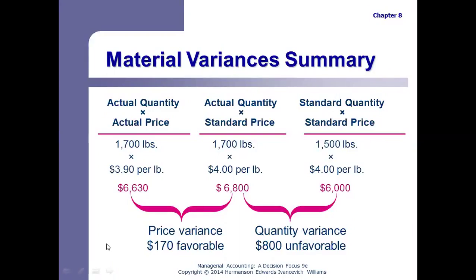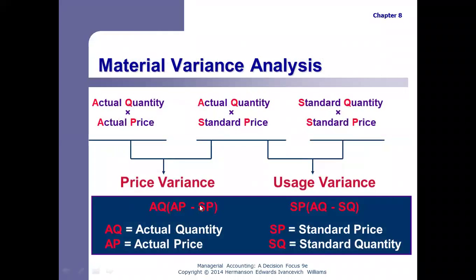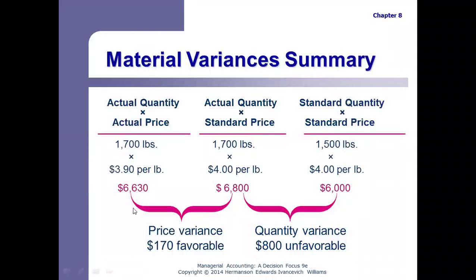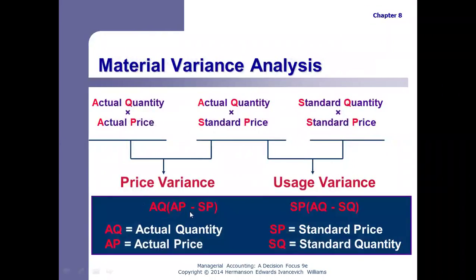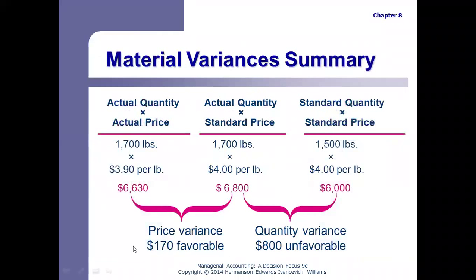So 1,700 times negative 0.1 gives us this 170 favorable. If you're using the formula, it's going to be a bit weird, because a negative value for this calculation means it's a favorable variance. The actual price is less than the standard, which is a good thing. So a negative number is favorable, like we have here.